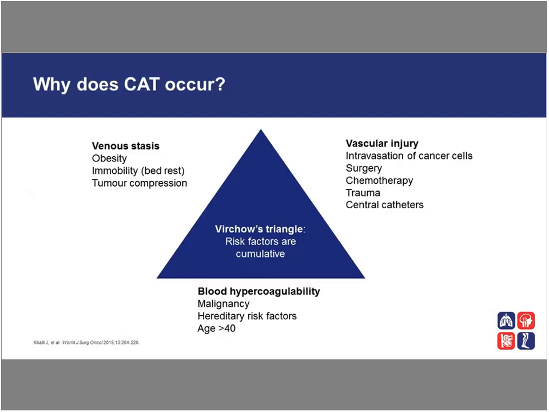And why does it happen in cancer patients? Well, if we look at the classic Virchow's triangle proposed by Virchow many centuries ago, looking at risk factors that could impact on someone's risk for thrombosis, they can be categorized, as was by Virchow, by venous stasis, blood hypercoagulability, and vascular injury.